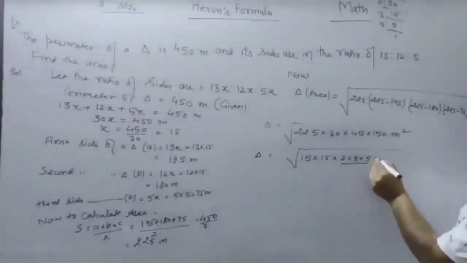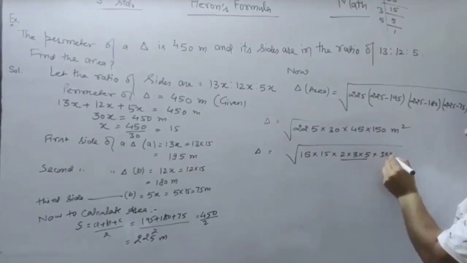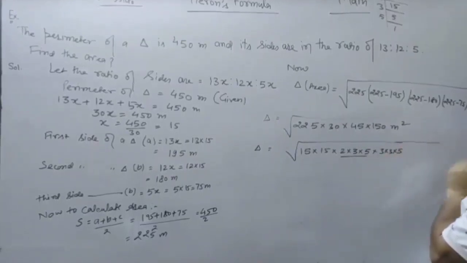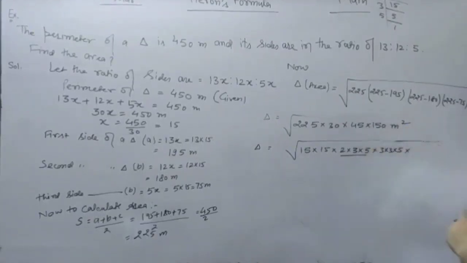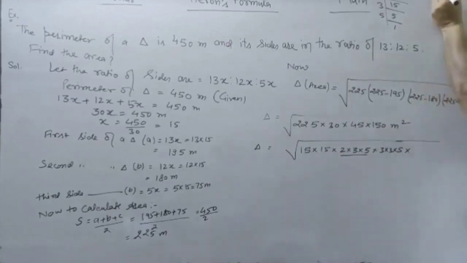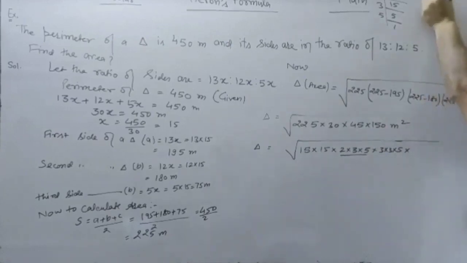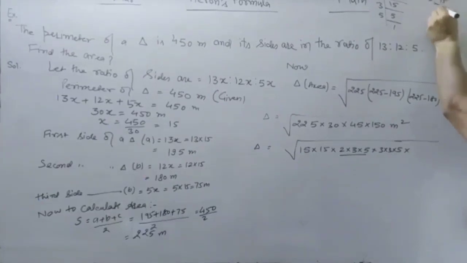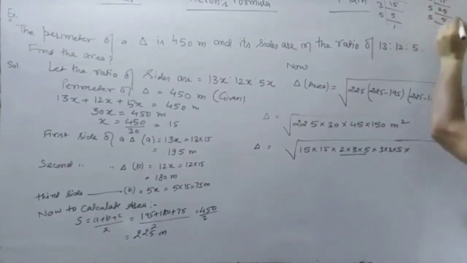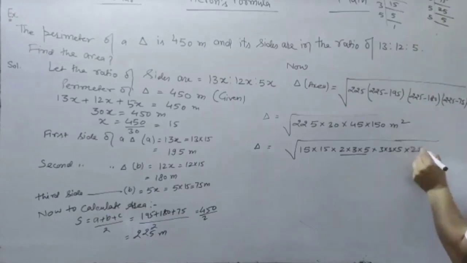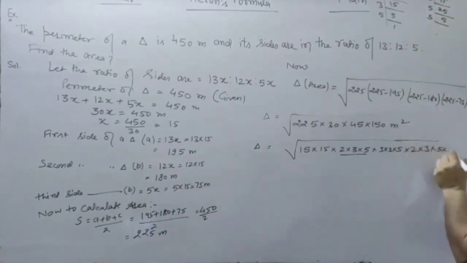Now 45: 3 3s are 9 and 9 5s are 45. Again 150, if you want to get the factors of 150, that will be 2 into 3 into 5 into 5 meter square.